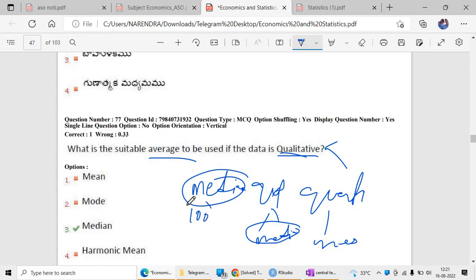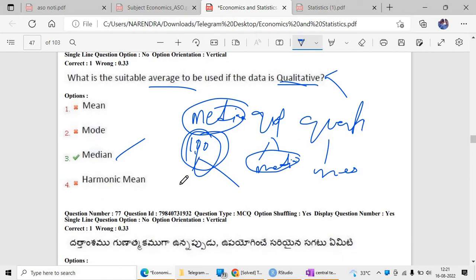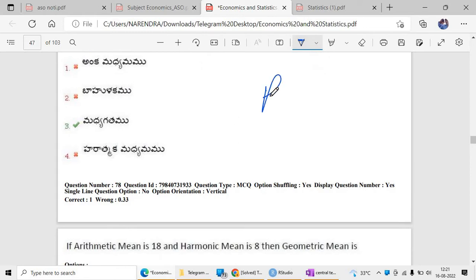You can arrange 50% of the pages and 50% of the pages, and the middle page is the median. Like this you can measure median also. So for qualitative data, median is the best measure, and similarly for non-parametric data median is the best.